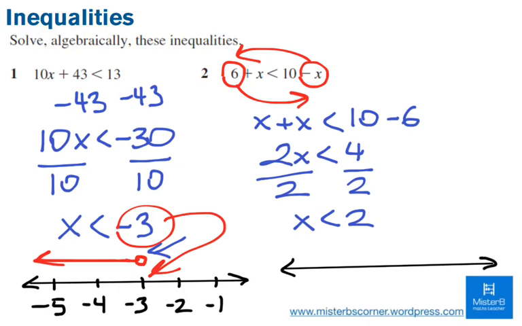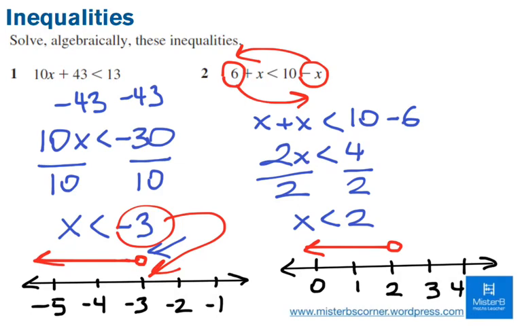So you can write down 0, 1, 2, 3, 4, and then you can say your solution is from 2, that's an empty circle, and it's going to be through the left hand side. This is how you can show your solution on the number line.